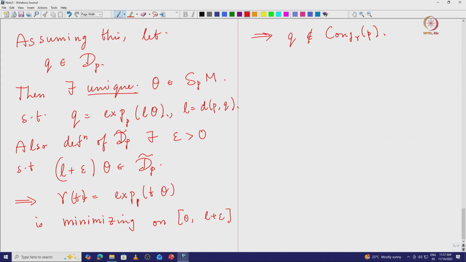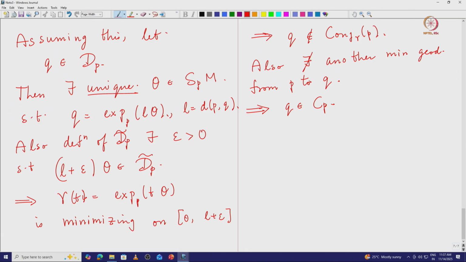Okay. And in fact, this is the unique geodesic connecting p to q, because we are working only on the segment domain, and the exponential map is injective there. Also, there does not exist another minimal geodesic from p to q.